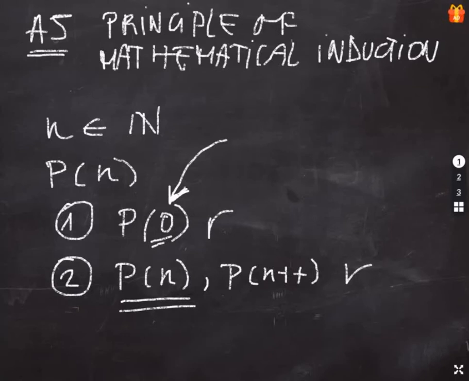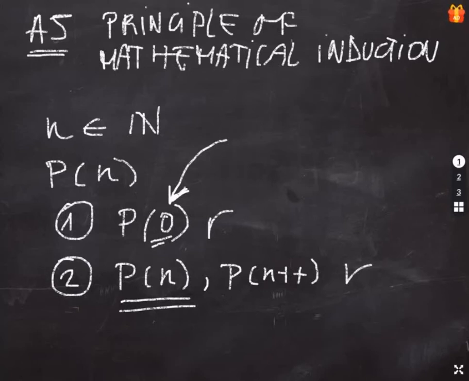After that, since we can get to any natural number n from increments starting at 0, we assume that it is true for some k or n. Then we prove that it is true for k plus plus, and therefore we have proven that that property is true for all of the natural numbers. It makes sense, right?